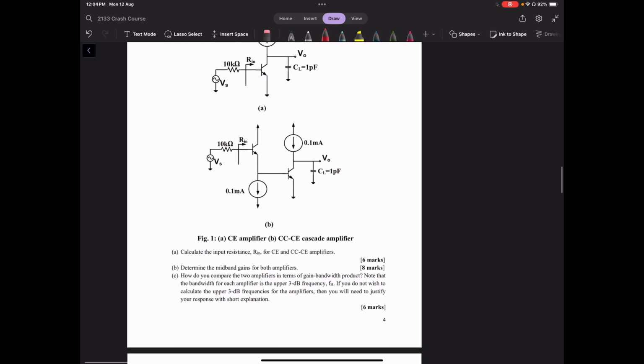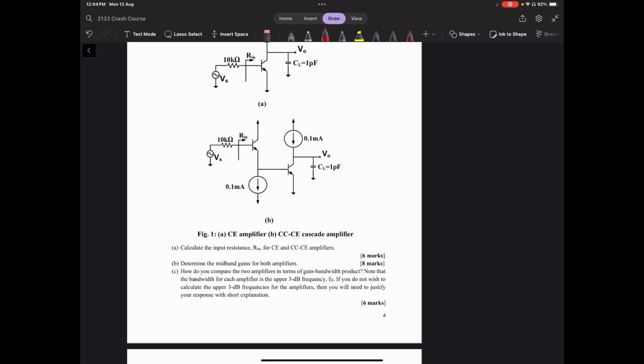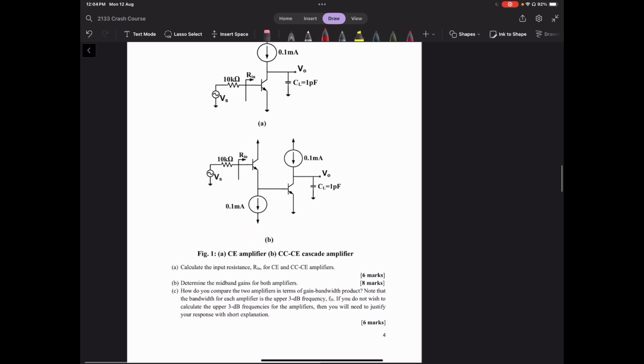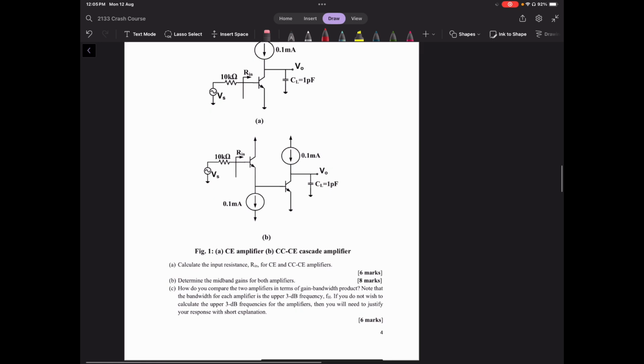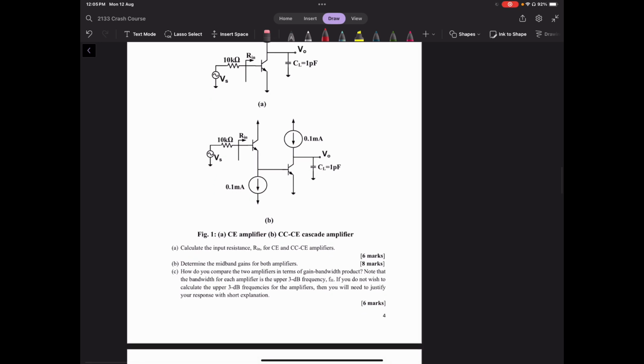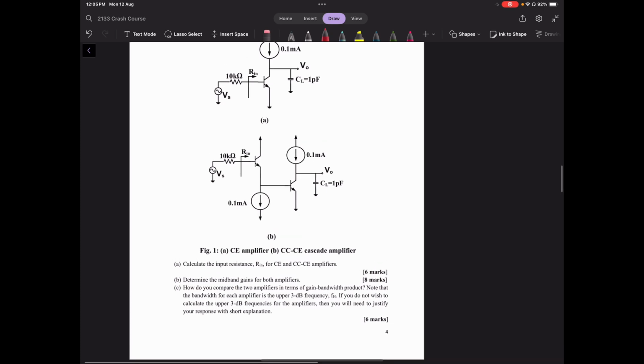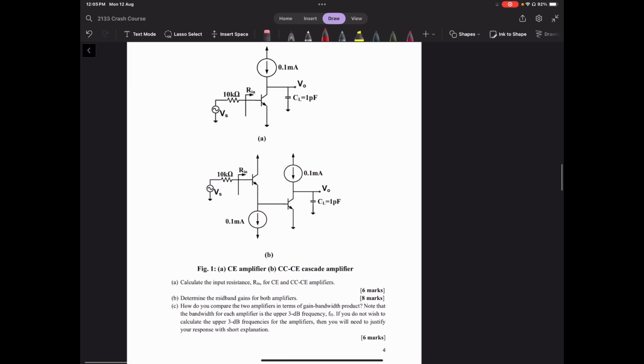What we need to do is find the input resistance, which is from here and here, labeled for us, and then find the mid-band gains for both amplifiers, and then look at their upper 3 dB frequency fH. You're given the option here to not calculate it and justify your response with a short explanation. We'll be going through both ways of answering that.